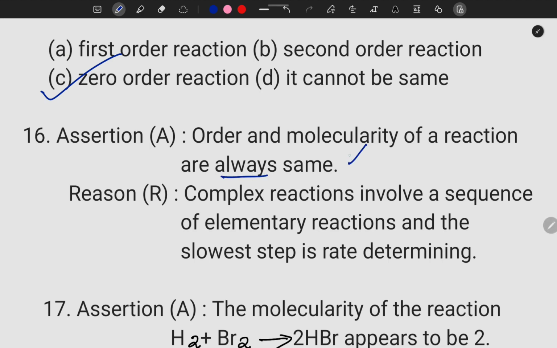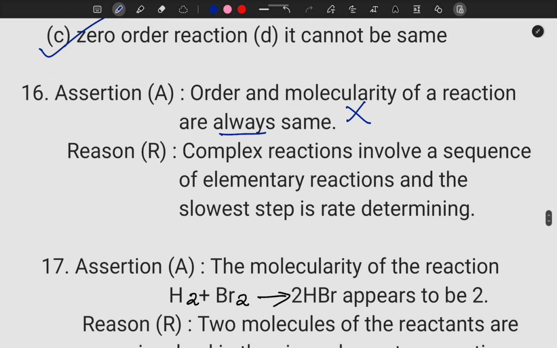Always, that's not correct, because order is an experimentally determined quantity. It can be 0 or even fraction, but molecularity cannot be 0 or even fraction. Complex reactions involve a sequence of elementary reactions and the slowest step is the rate determining step. That's a correct statement. So assertion wrong and reason correct. Our option is D.